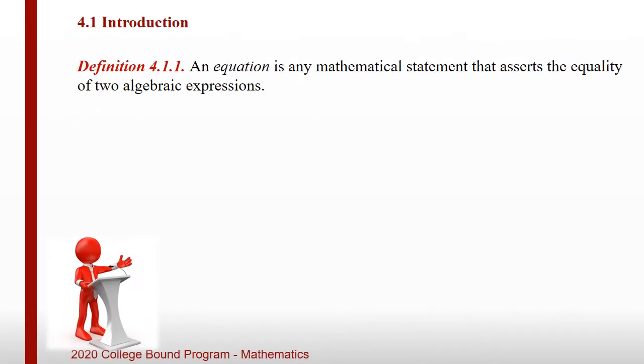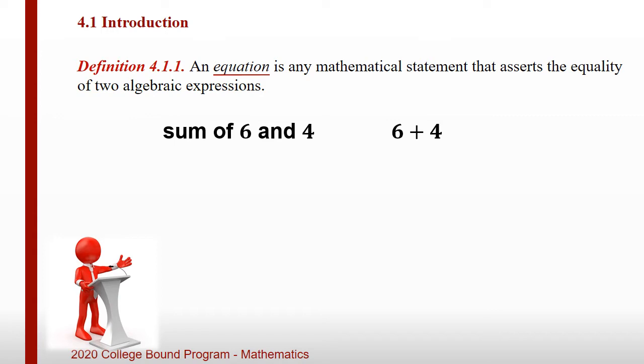An equation is defined to be any mathematical statement that asserts the equality of two algebraic expressions. Let us consider the phrase sum of 6 and 4. In symbols, we may write this as 6 plus 4.